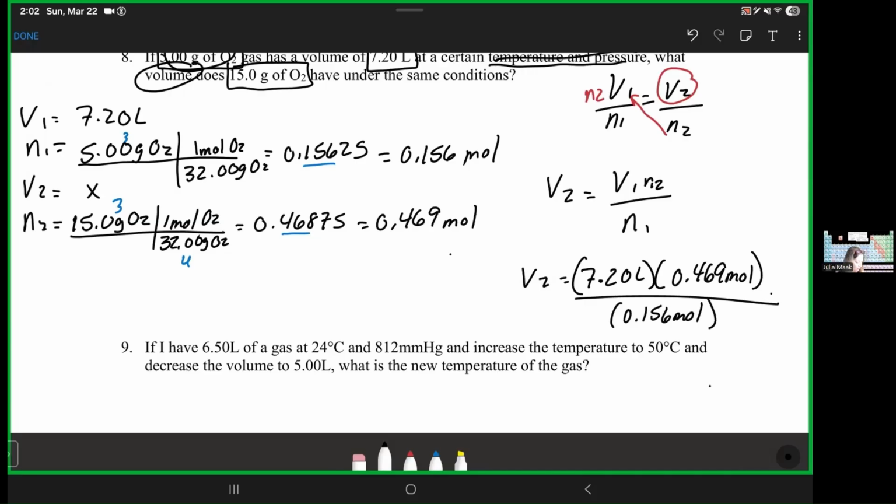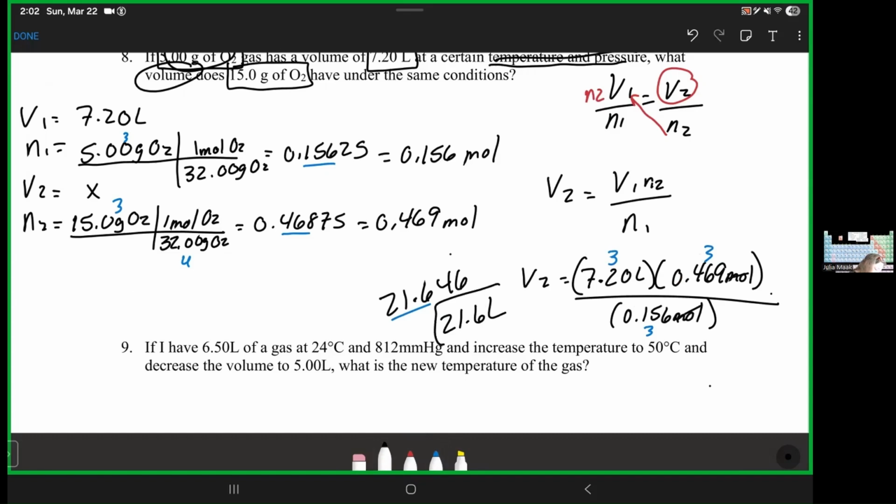And since I did all of that wrong on my paper, I need to calculate that real quick. And I get 21.646 and some other numbers. And we've got 3 sig figs, 3 and 3. So I'm going to go with 3. So that is 21.6 liters because our moles canceled.